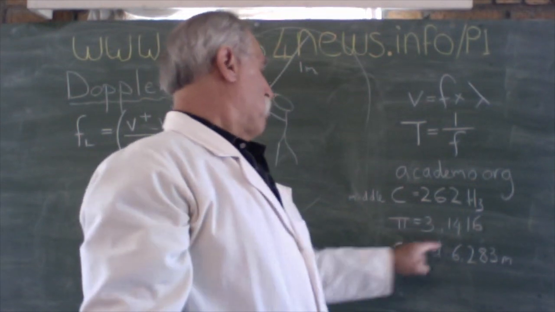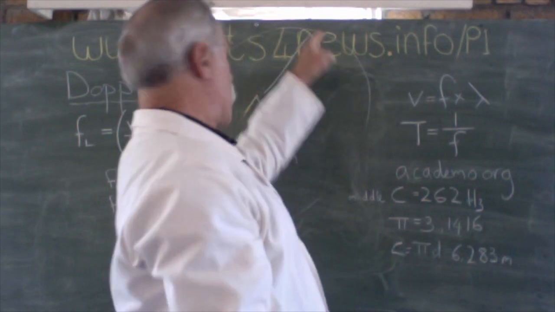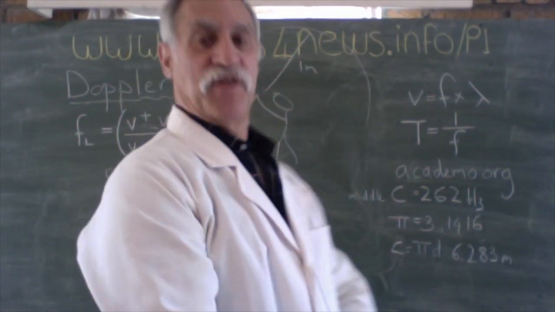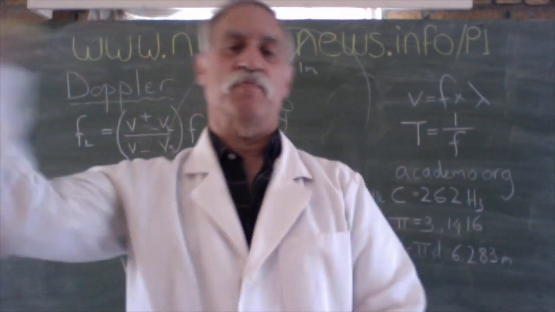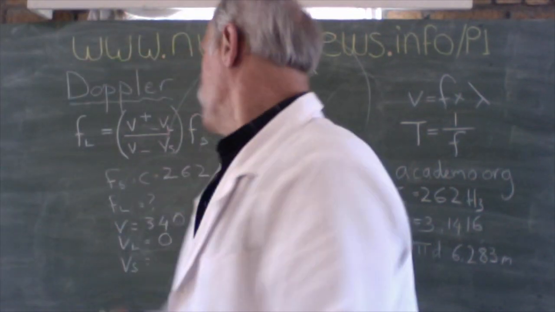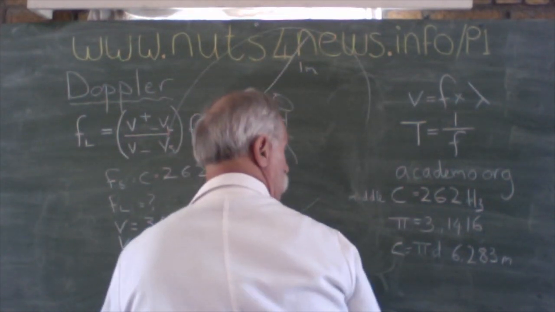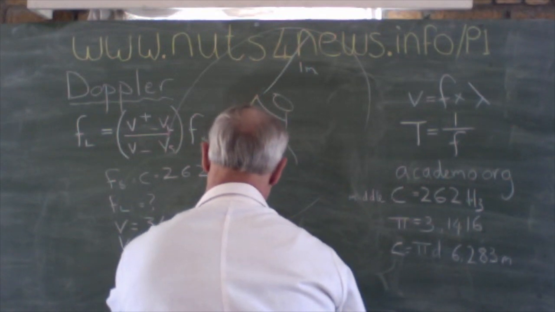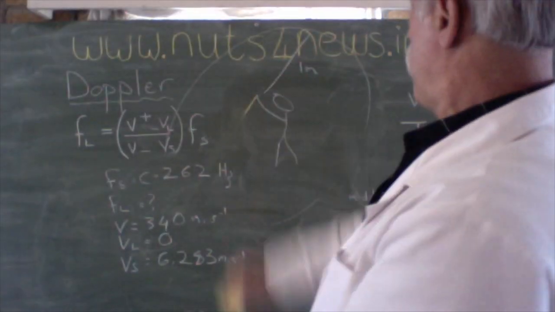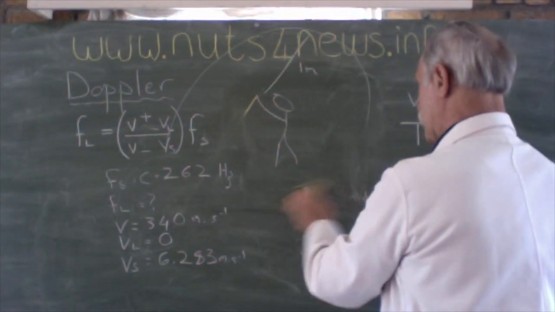So pi times 2 radiuses, or pi times diameter, where the radius is 1, comes to 6,283 meters, and it's traveling that 6,283 meters in 1 second. So let's put our velocity of the source as 6,283 meters per second.